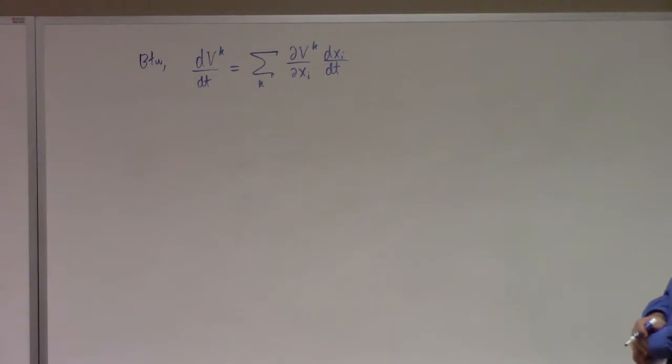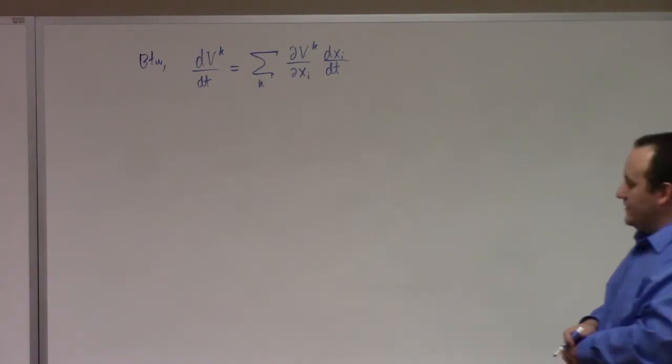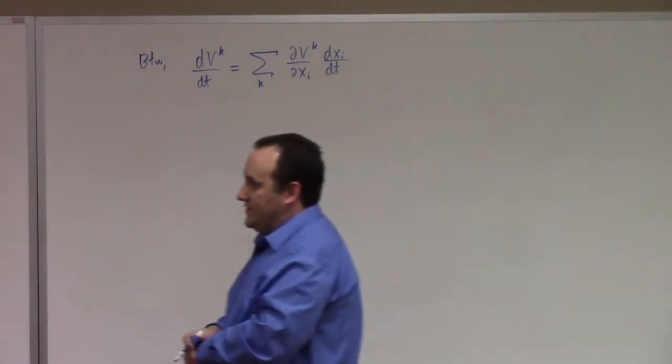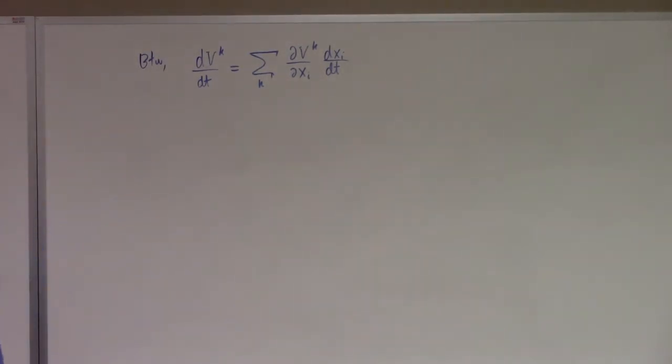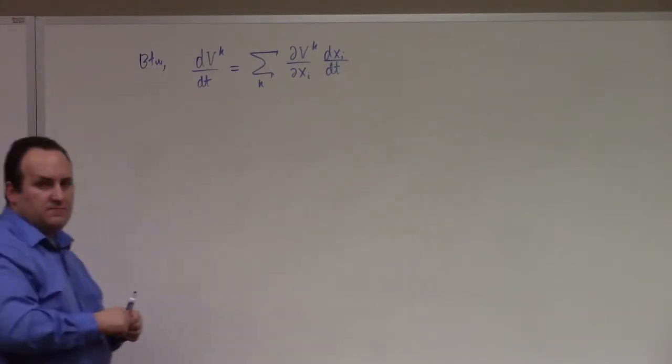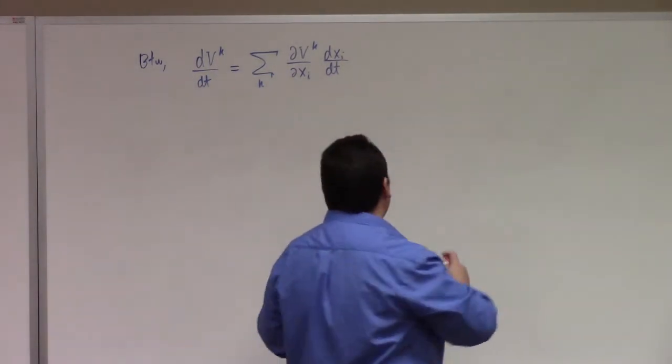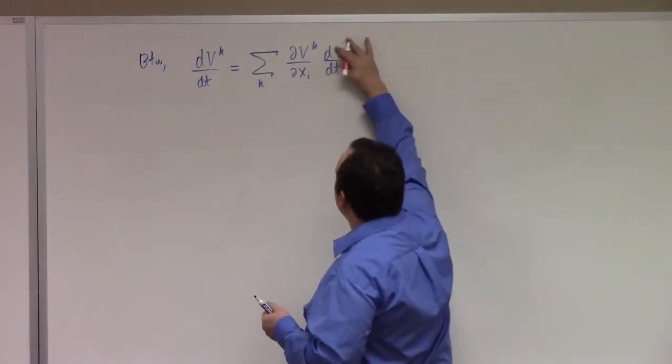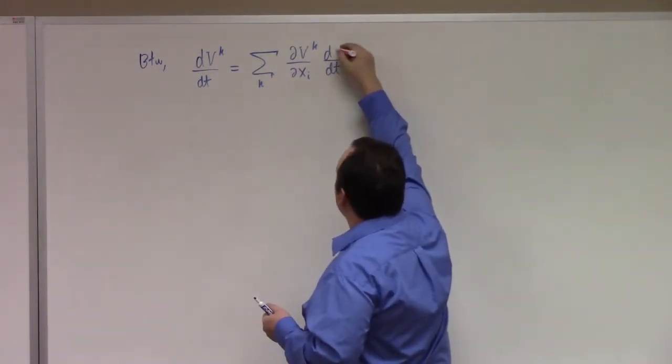But I think that dx^i/dt would be better written as c^i here.